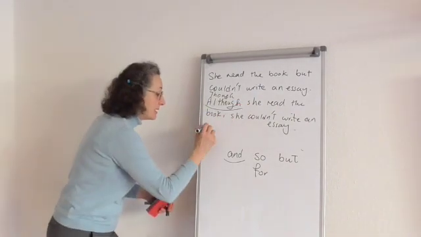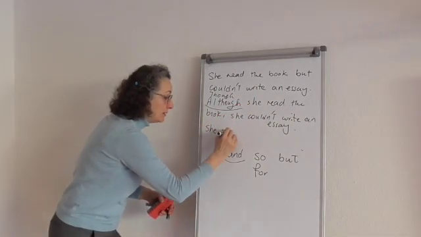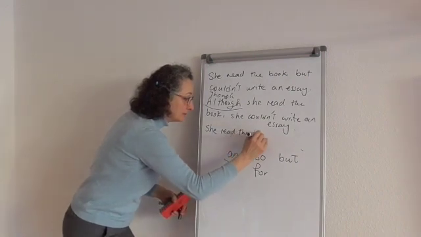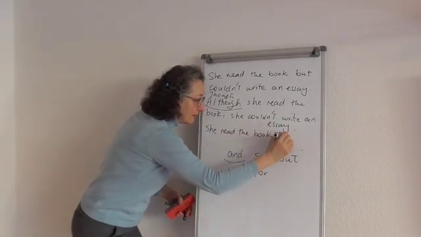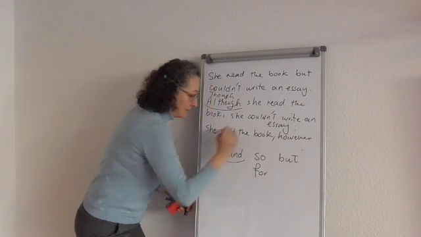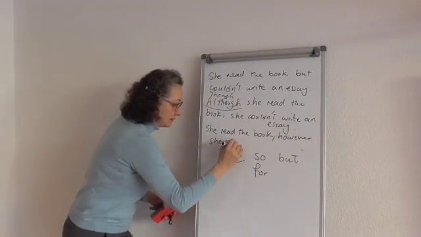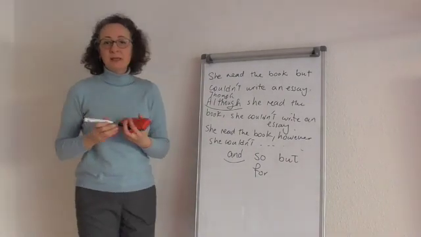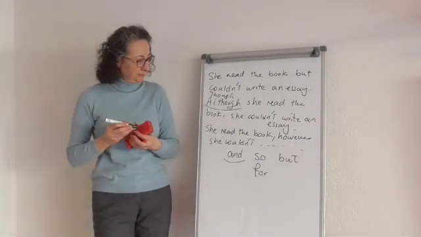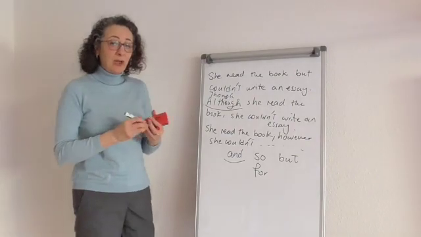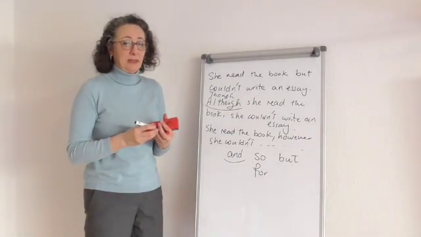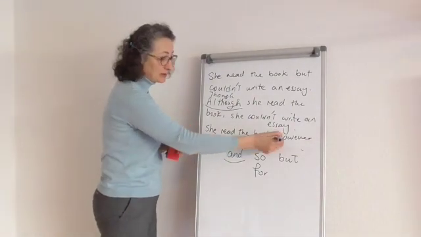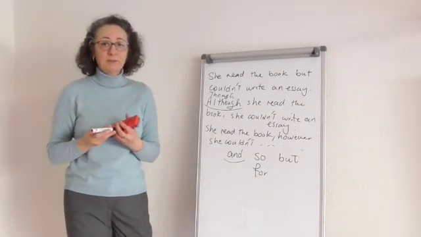So you have to say, she read the book, however, she couldn't write an essay. With "however," you have a little bit more flexibility, actually. You could put a full stop and start the next sentence with "however," comma.